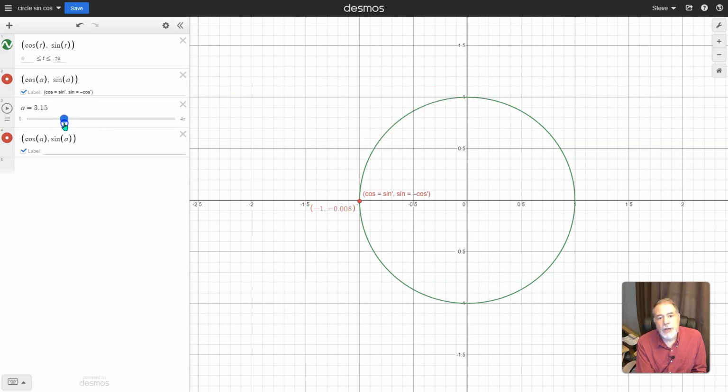If we get over here to where the x coordinate is most negative, that's where the y coordinate is decreasing the fastest. If we get down here at the bottom of the circle, the x coordinate is changing from being negative to being positive, and the y coordinate is changing from decreasing to increasing.